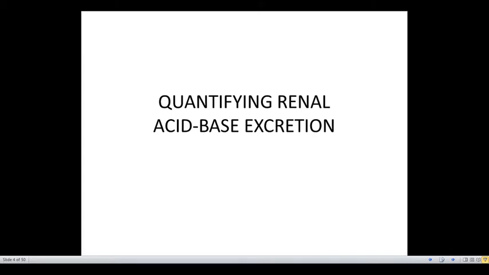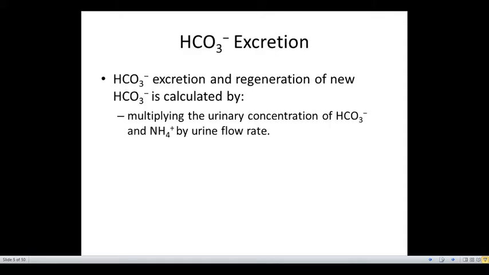Quantifying renal acid-base excretion. Bicarbonate ion excretion and regeneration of new bicarbonate ions is calculated by multiplying the urinary concentration of bicarbonate ions and ammonium ions by urine flow rate.